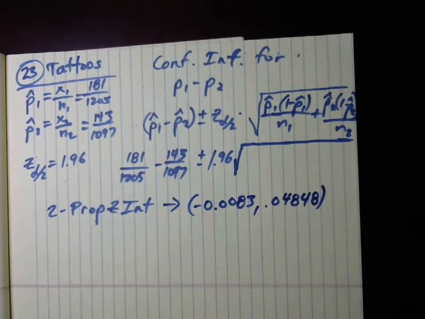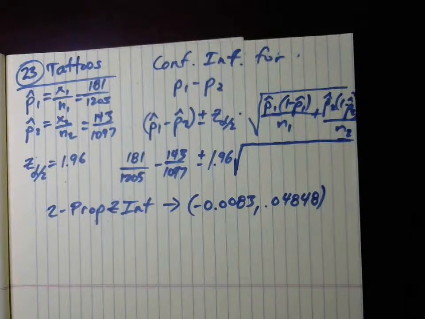All right. So now what's kind of weird is the interpretation of the confidence interval. And this goes back to reading the problem: construct a 95% confidence interval to judge whether the proportion of males that have at least one tattoo differs significantly.